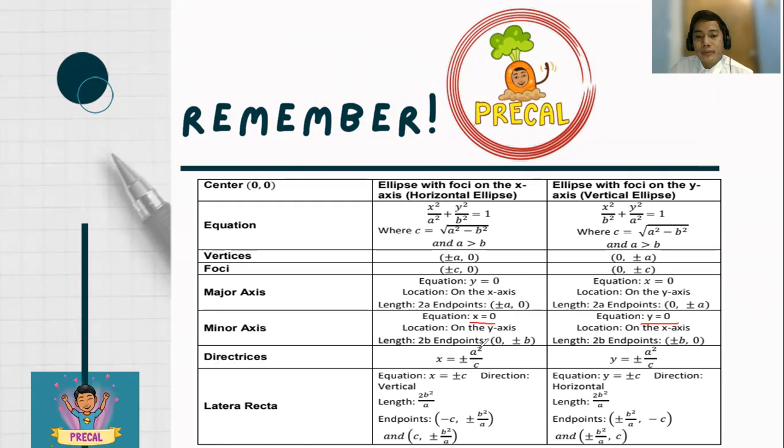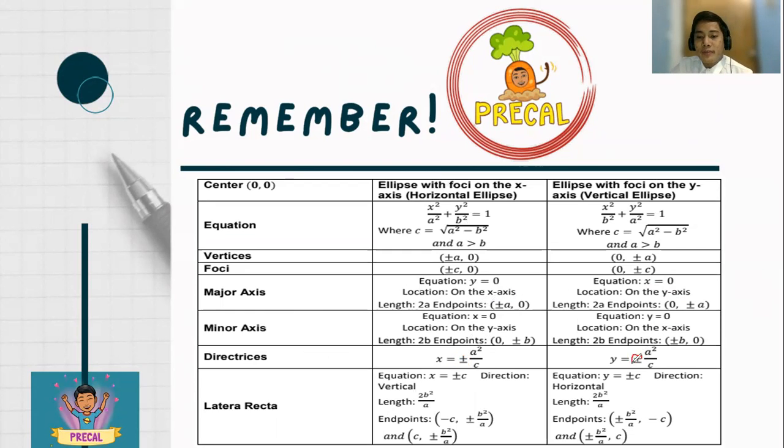So observe the difference. For the equation of the directrices, although this is not computed anymore, it is x is equal to positive negative a squared over c. So simply square the a distance divided by c. And since we have two directrices, we have a positive and a negative, both on the left and on the right of the horizontal ellipse. Same is true with the vertical ellipse.